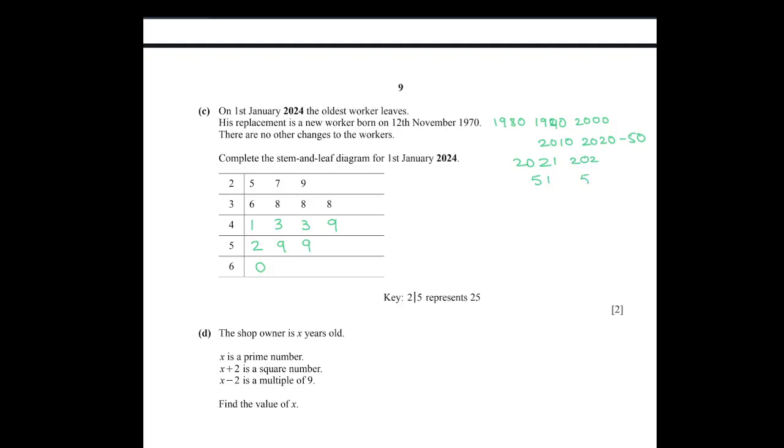Then 2022 he'll be 52 years, and 2023 he'll be 53 years. But next November, 12th November, he will become 54, but that will be after January 1st. So 53 years. That 53 years should be put here. So 53, then 9. This will be the complete stem and leaf diagram for the given question.